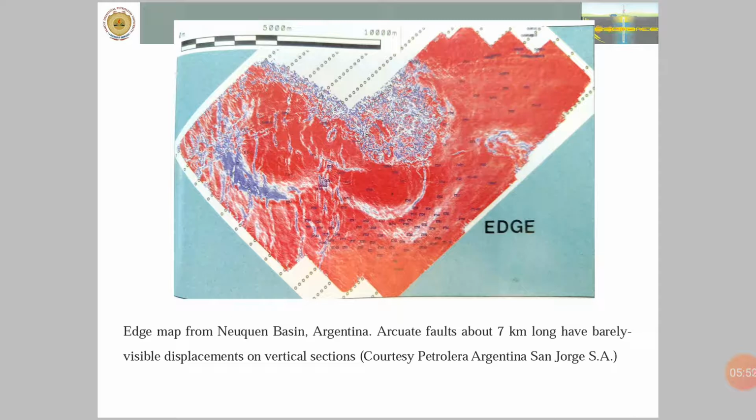Edge maps are very important for understanding the reflector change in shape, and they show discontinuity surfaces, faults and fractures, and are also based on identification of nodes and vertices.